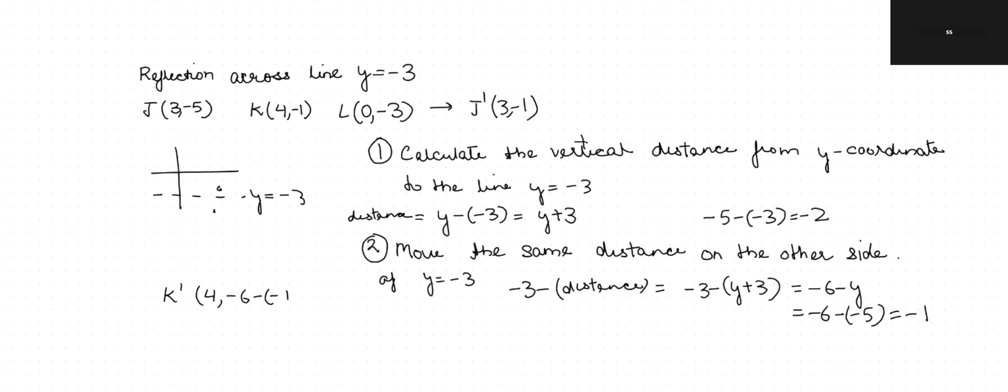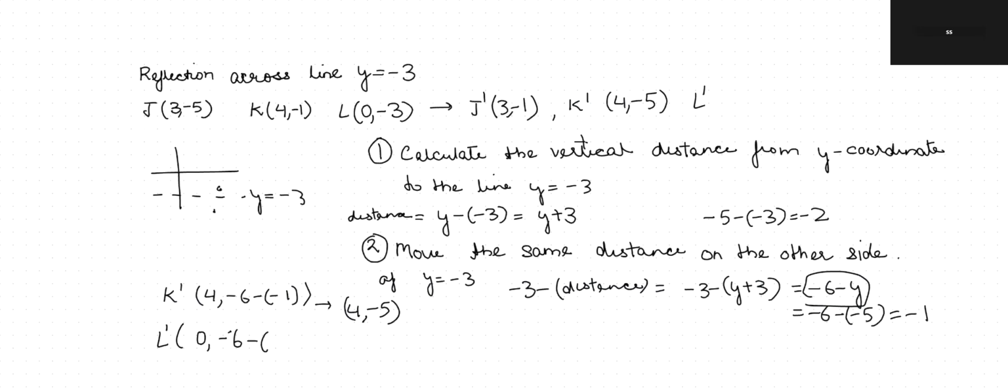So K dash would be 4 comma -5, and L dash would be: we use the formula which we got, -6 minus y, and y is -3, so it will be -3.